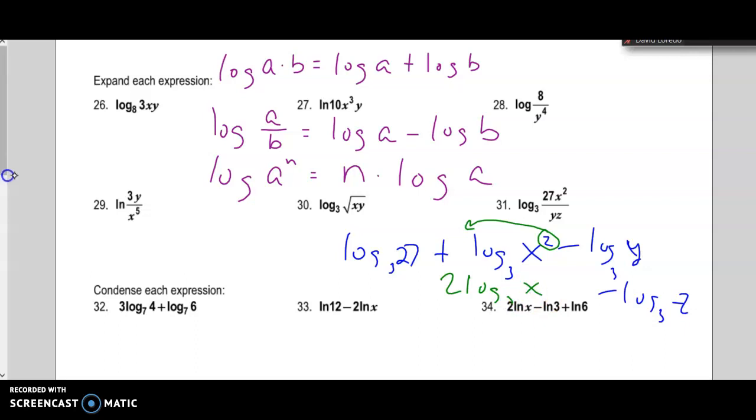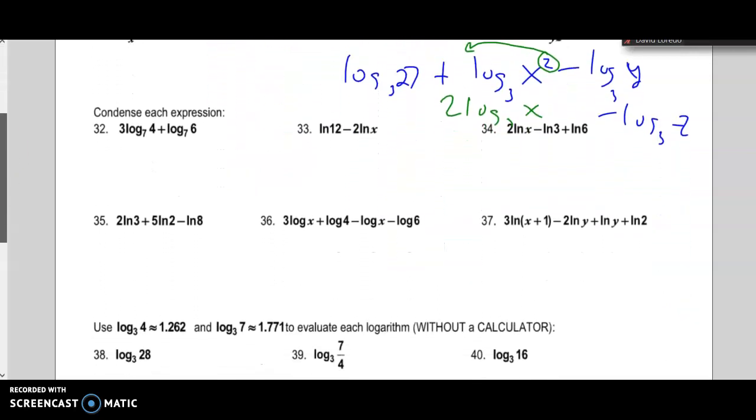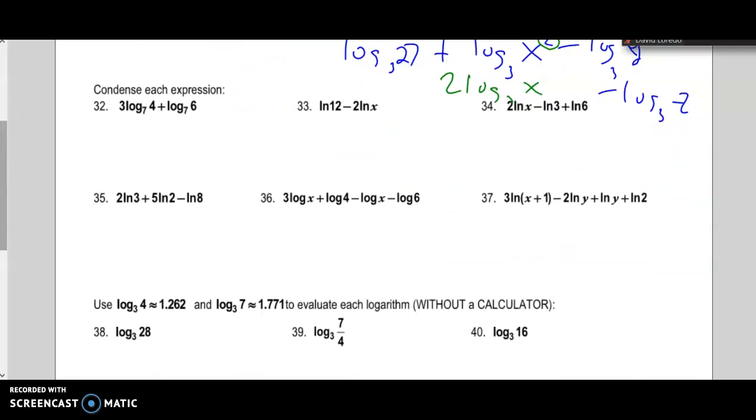All right, 32 through 34. You want to condense these. Before you can condense any of them, you have to bring up any coefficients that are in front. So I'm going to do 32. So let's bring that up. So log base 7 of 4 cubed plus log base 7 of 6.